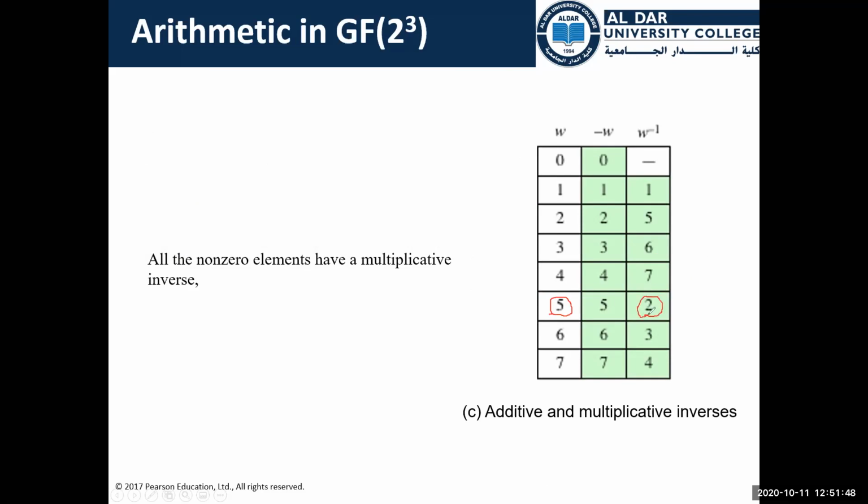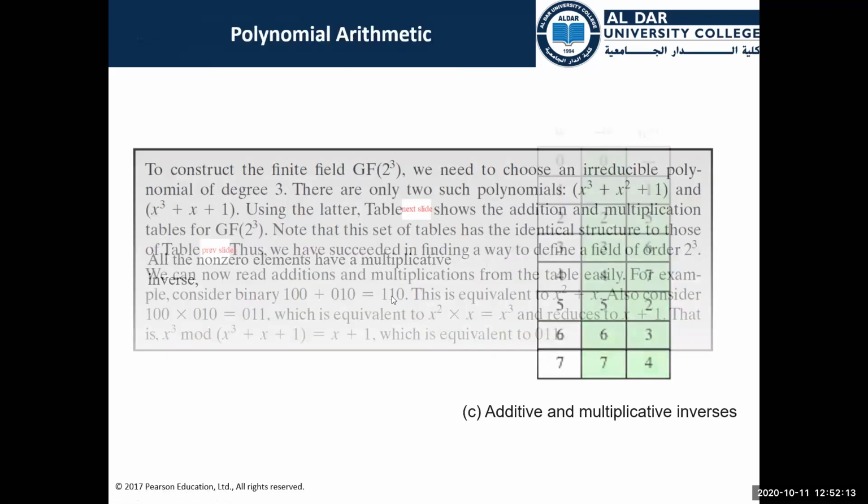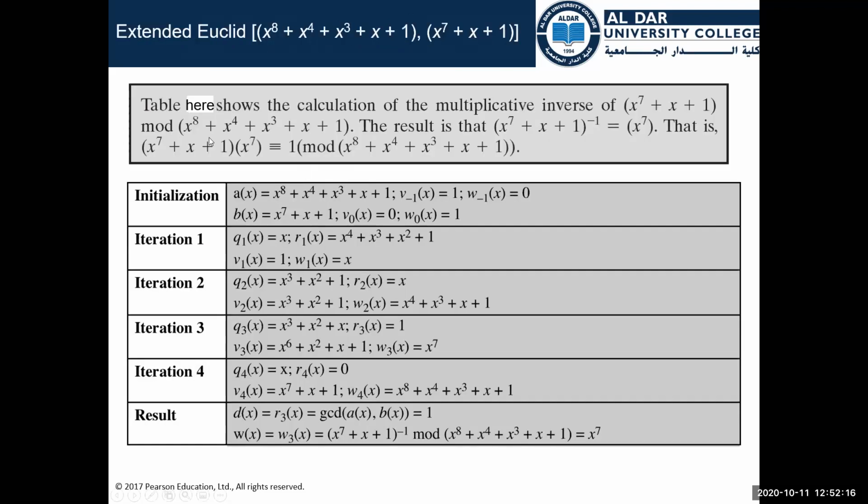The multiplicative inverse is not straightforward, okay? We have to use this algorithm to get it. It's not easy like before. It's not easy to calculate the inverse of a number, for example, 5, whose multiplicative inverse is 2. We have to use this algorithm.